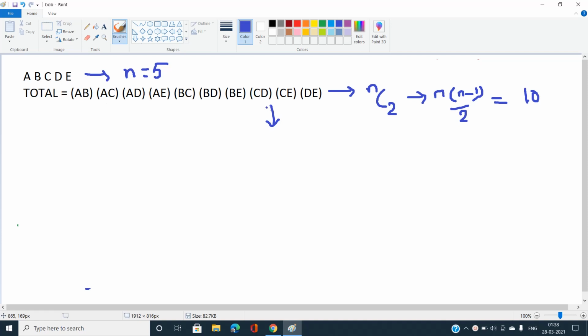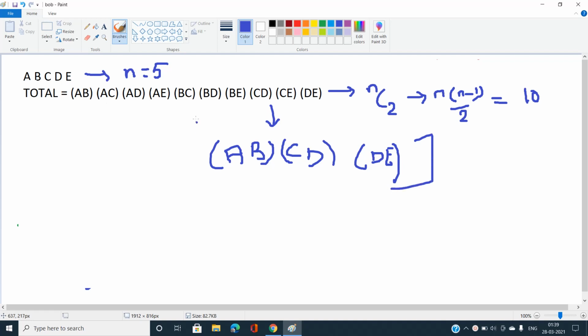We can have a solution like AB, CD, and DE. So this is a particular solution. Why is this a correct solution? You can see A is involved at least once, B is involved at least once, C is involved at least once, D is involved two times, and E is involved one time. This is a valid solution.